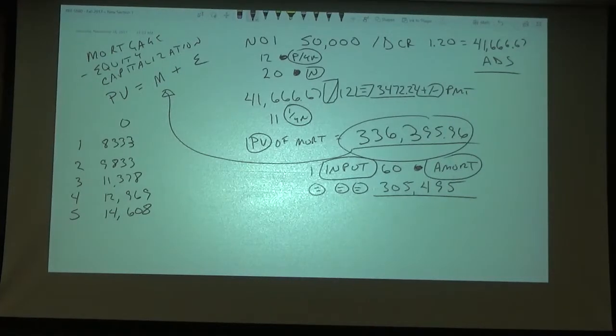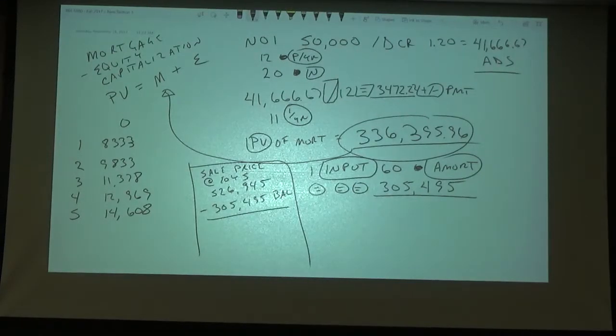So what I was just about to say was the sale price at end of year 5 is going to be $526,945 minus the $305,495 balance, meaning the actual cash flow that you're going to generate would be $221,450.